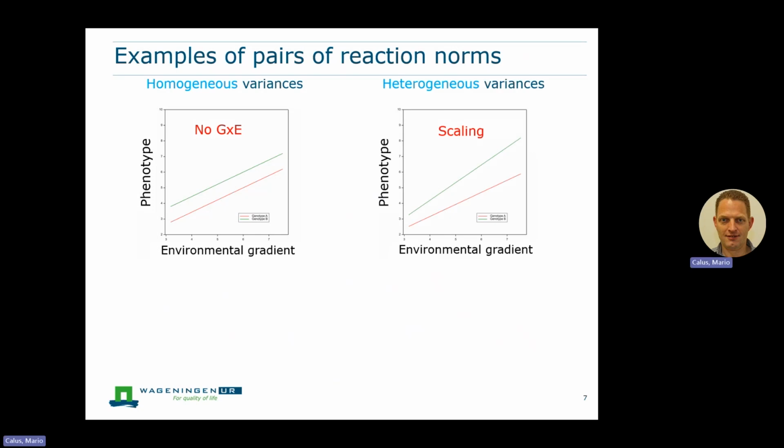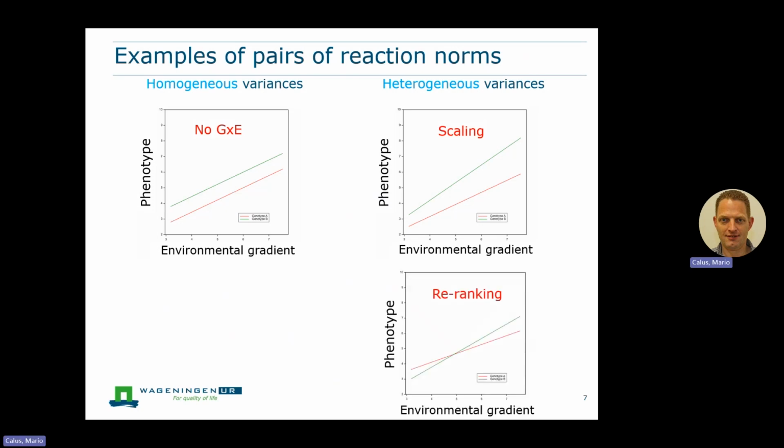Another possibility that may happen is that the reaction norms are not parallel, but they're also not crossing over. This means that in this case, in any environment, the green individual has a higher phenotype than the red one. But the relative difference in phenotypes between the individuals does change with changes in the environment.